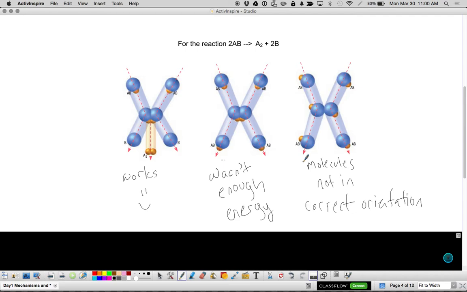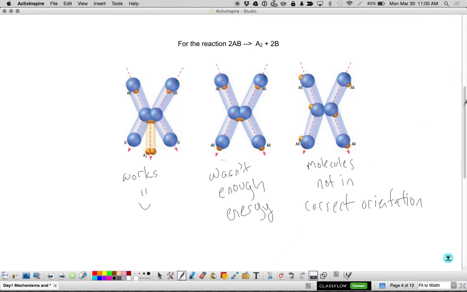We're talking about moles and moles of particles. So if you imagine having a mole of particles, they should be colliding all the time. And you should end up with enough collisions where the orientation is correct in order for a reaction to happen.